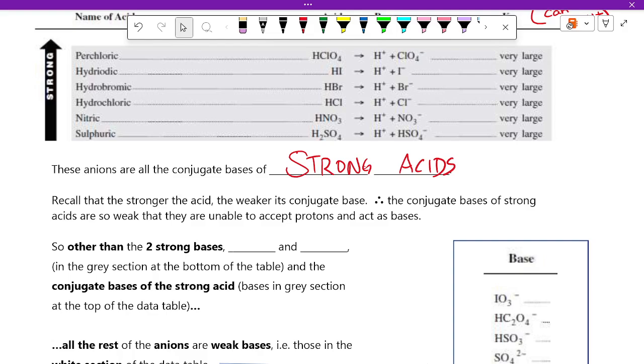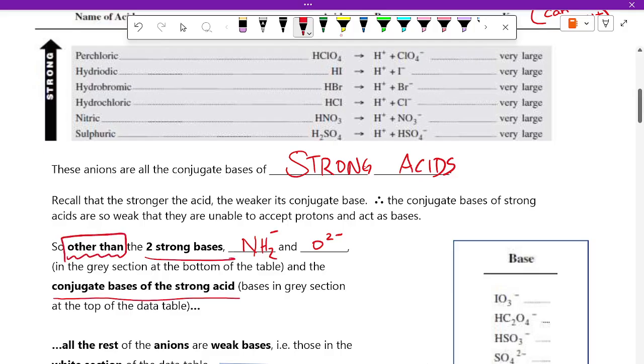So, other than the 2 strong bases, which are NH2 minus and O2 minus, which are in the gray section at the bottom of the table, and the conjugate bases of strong acids, all the rest of the anions on your acid table are weak bases.